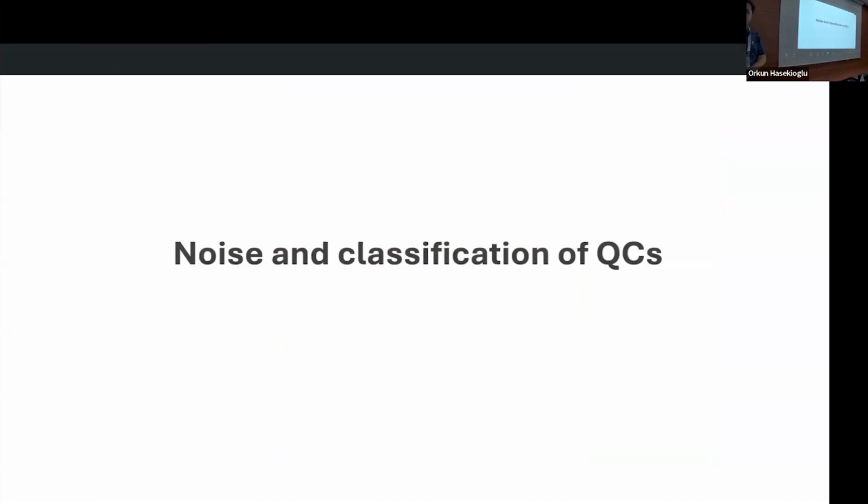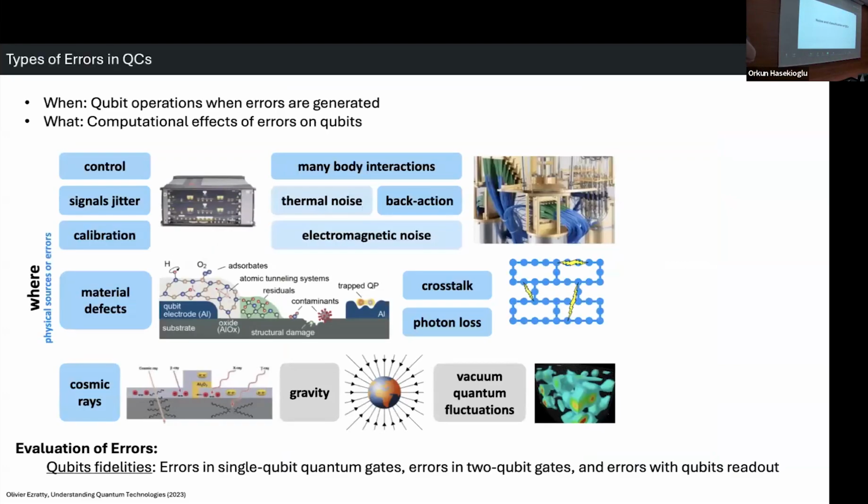So if we now look at the noise and classification of quantum computers, from an experimental view, what is the source of noise? Well, unfortunately, you need very pure material.